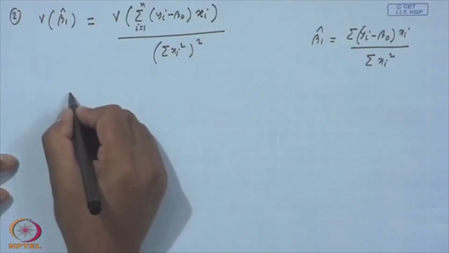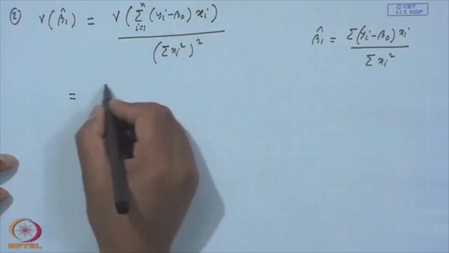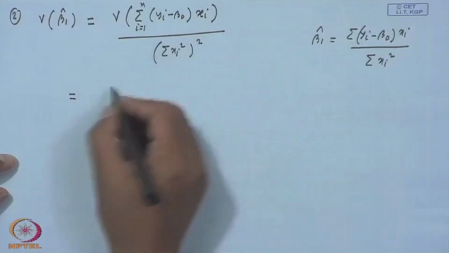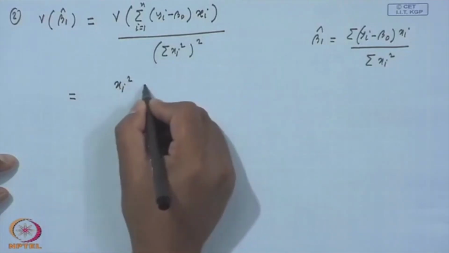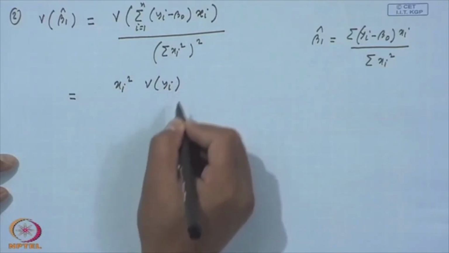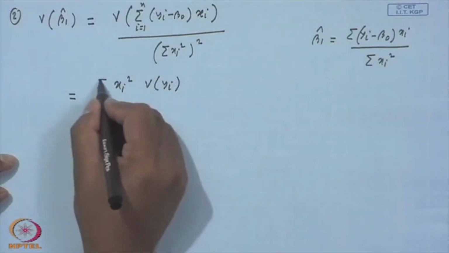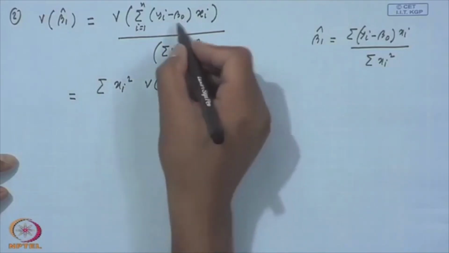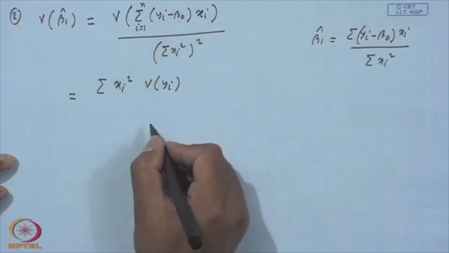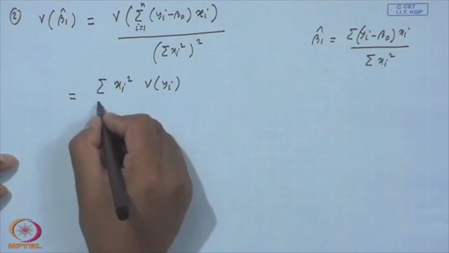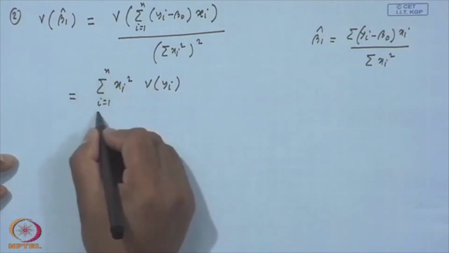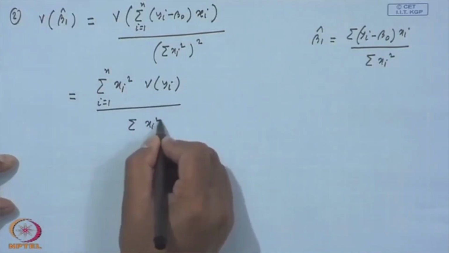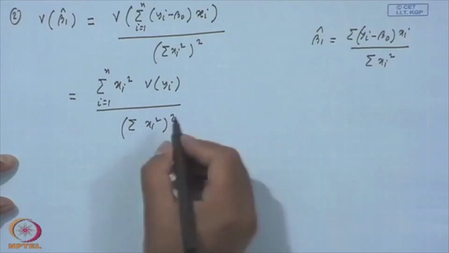Okay. So, this one is equal to, they are all independent, the y i's are independent, so this is x i square times variance of y i, right. Variance of y i minus beta naught is nothing but variance of y i, because beta naught is a constant, for i equal to 1 to n, by summation x i square whole square.